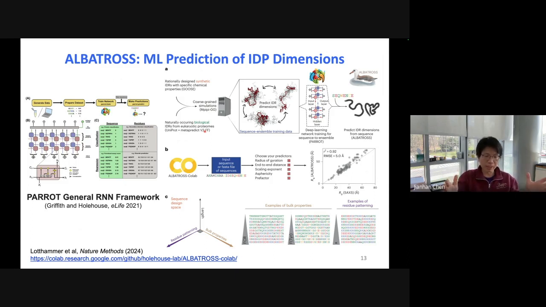You can figure out how big they are, what the end-to-end distance is, or whatever conformational ensemble property you might be interested in. Then this can be used as input into a recurrent neural network model to make a predictor, and it becomes even more efficient. Right now, you can take this predictor, called ALBATROSS, and use it to do design, for example.